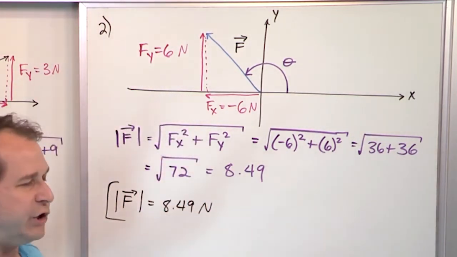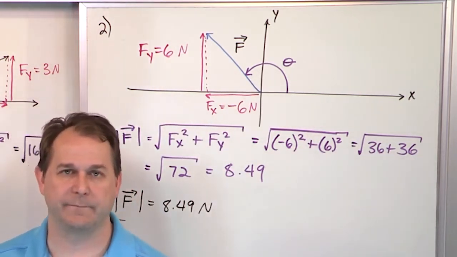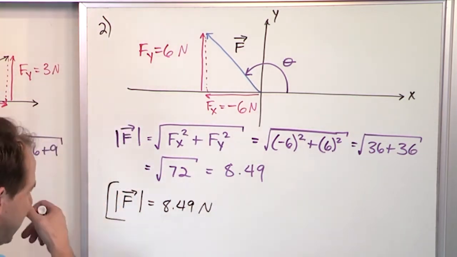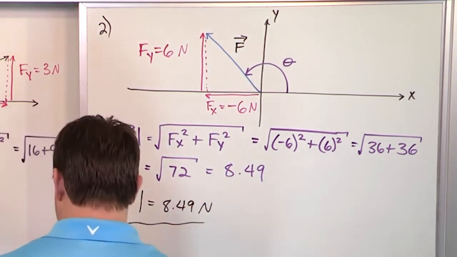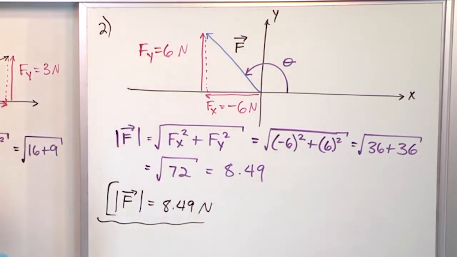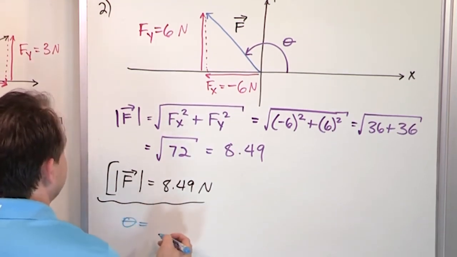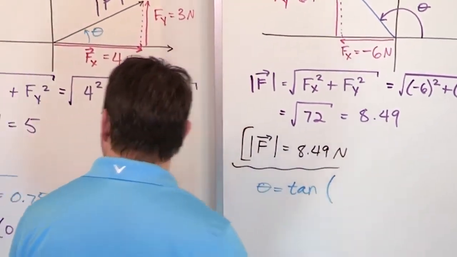How do we do it? The good news is you do it exactly the same way that we did it before. But we have to make sure to interpret the results to make sure that we're getting the right answer. So let me draw a little line here, and let's jump down here, and let's say this angle is going to be equal to what? It's going to be equal to the inverse tangent of, what did we do last time?